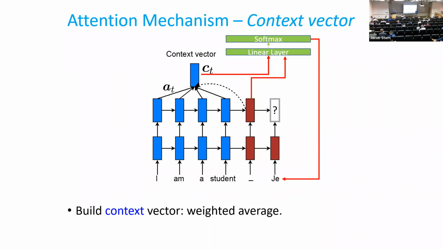Great question. The question is, if you don't learn the attention weights, how do you get them? You can think of them as kind of implicitly learned, because the current hidden state is going to be the output of a hidden layer, and so it does depend on our neural network parameters.